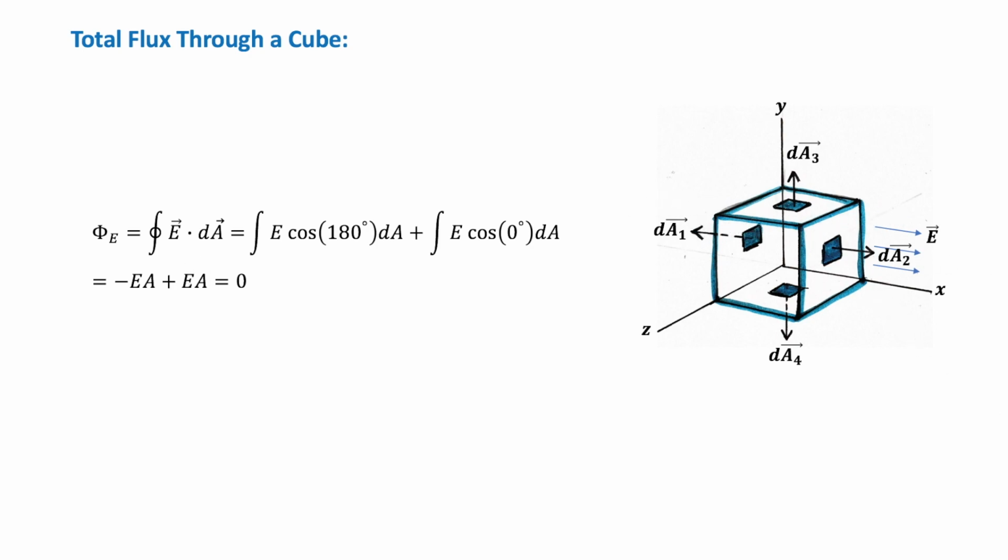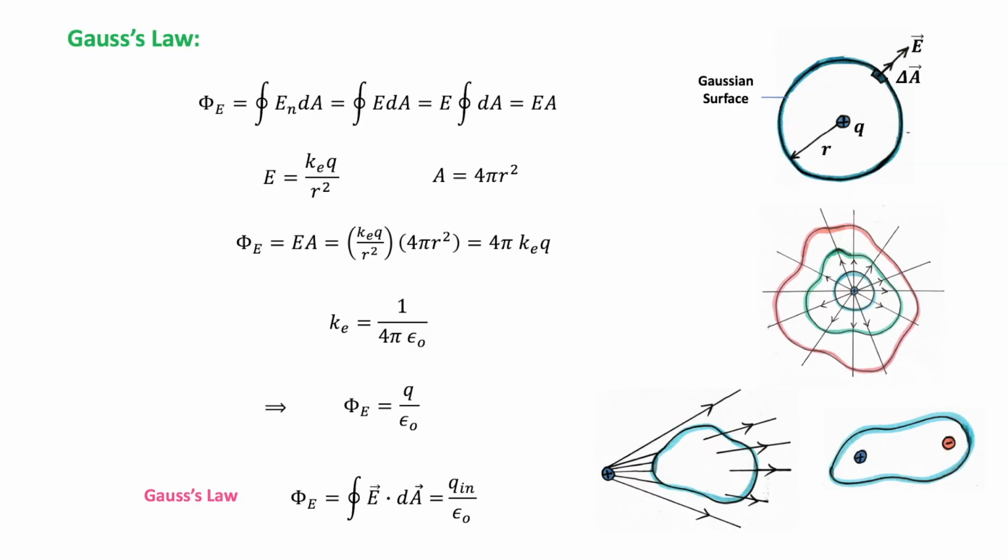So we will now discuss Gauss's law, which describes the relationship between the net electric flux through a closed surface and the charge enclosed by that surface. So consider a positive point charge Q located inside the spherical surface of radius r. Okay, this is a Gaussian surface of radius r.